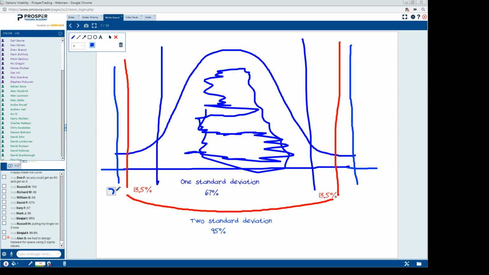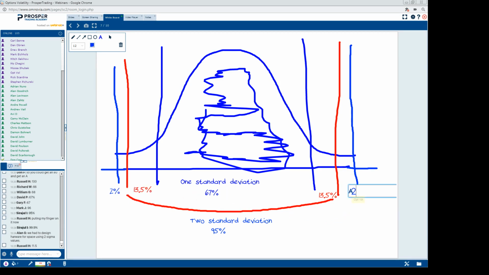Whoops, let me erase that. Hang on. So 2% there. 2% there.